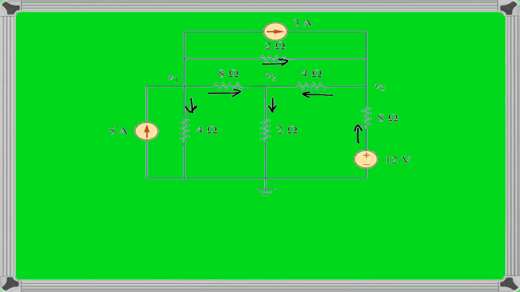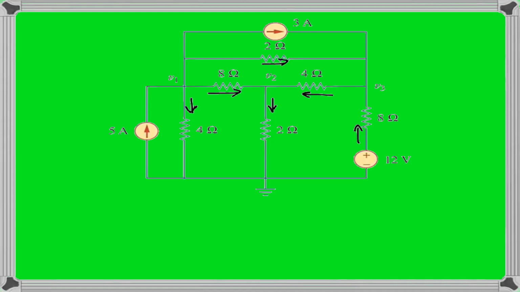Once you assign the direction of the current, because we'll be using the node currents and expressing them through the voltages, it's useful to put the polarities across each resistor.